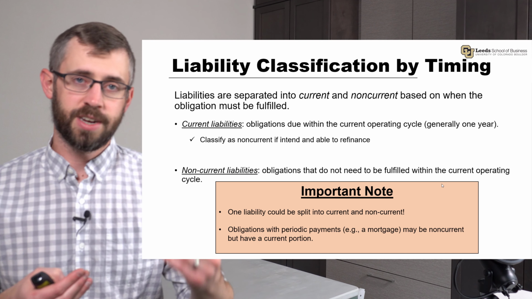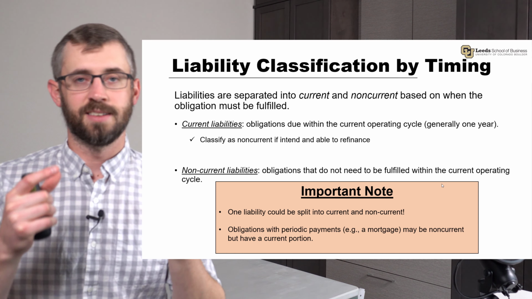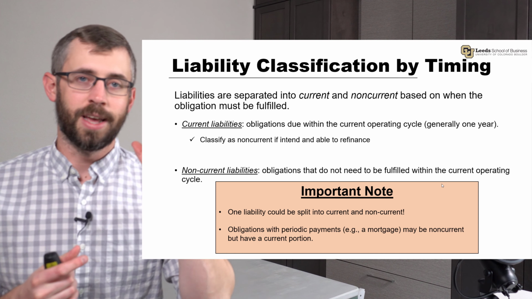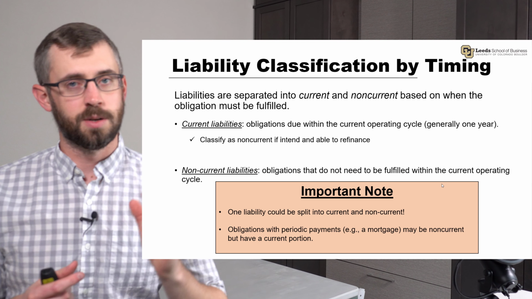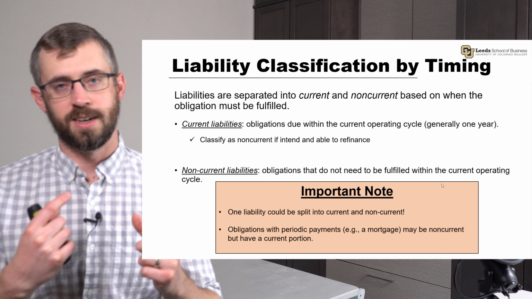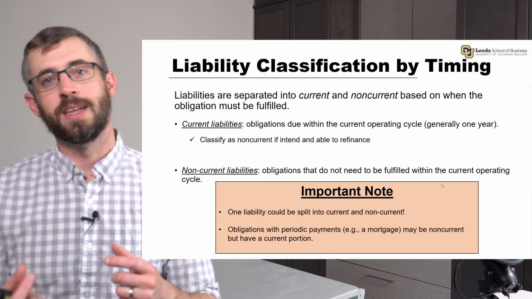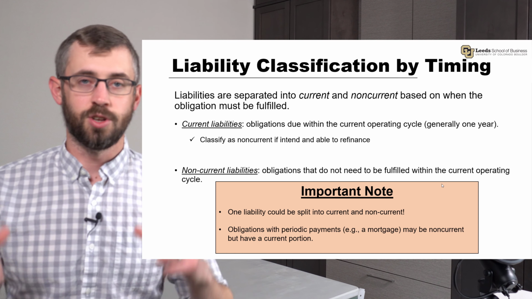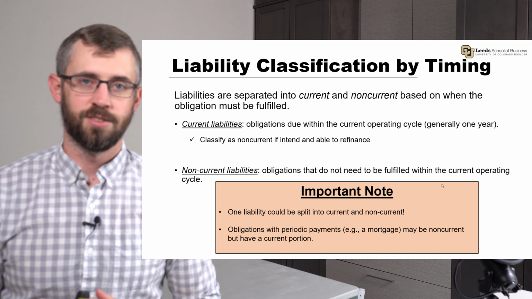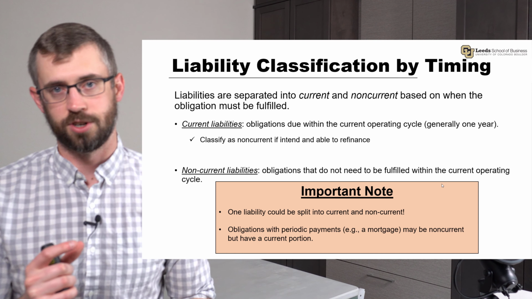If you're making periodic payments on your debt, the amount of that loan that is going to be paid off in the next 12 months is going to be split into a current liability that we call the current portion of long-term debt, and the rest of the note or the debt that's going to be paid off more than 12 months out will be listed as a non-current liability. So you can have a single loan that gets split up into two lines on your balance sheet: the current portion, that which you're going to pay in the next 12 months, and the non-current portion, more than 12 months out.